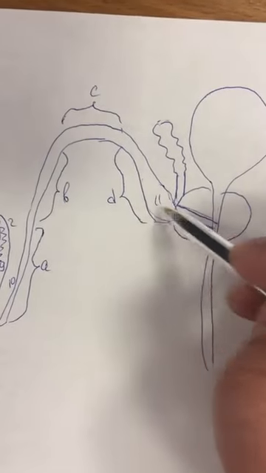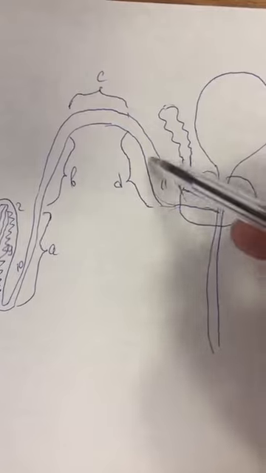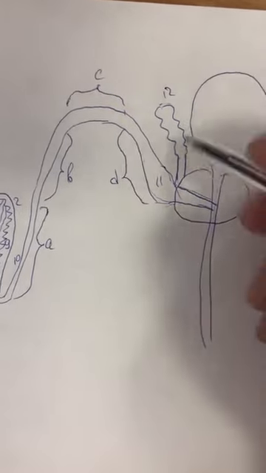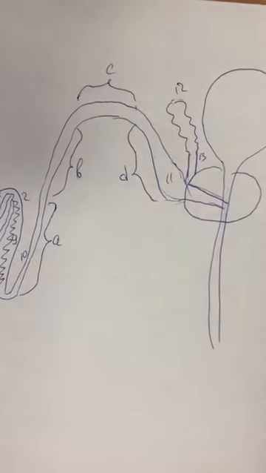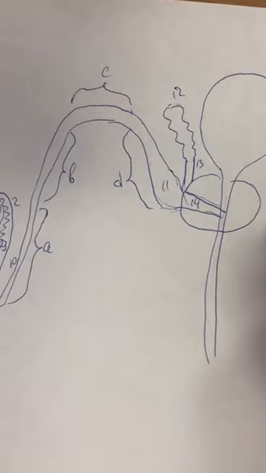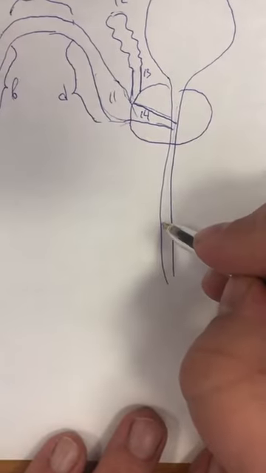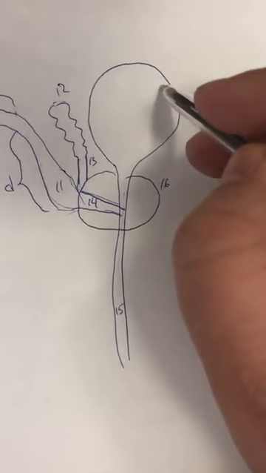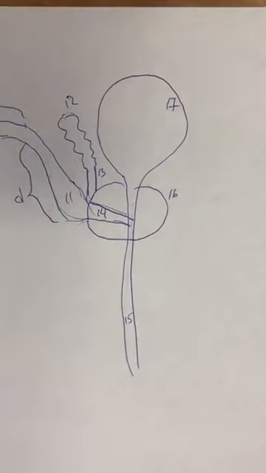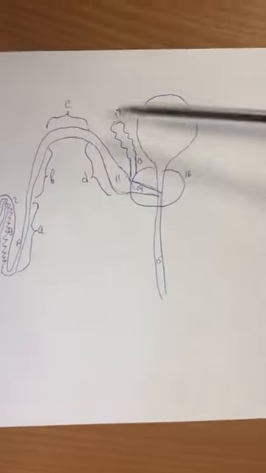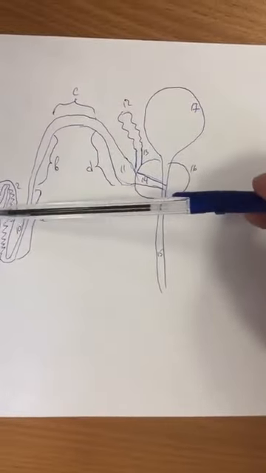And number 11, that is ampulla ductus deferentis. 12, that is seminal vesicle. 13, ductus excretorius, and 14, ejaculatory duct, ductus ejaculatorius, and number 15, that is urethra. 16, that is prostate gland, and 17, that is urinary bladder. This diagram you need to draw next time. That is internal structure of testis and pathway of seminal fluid.